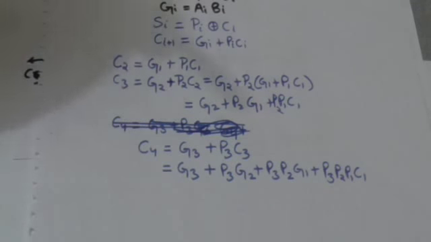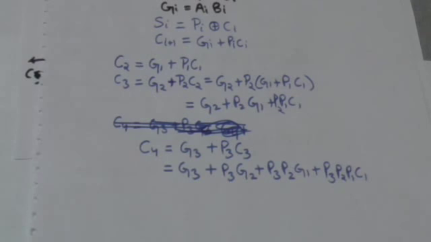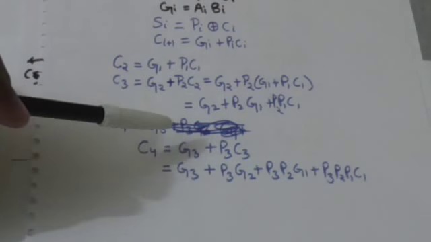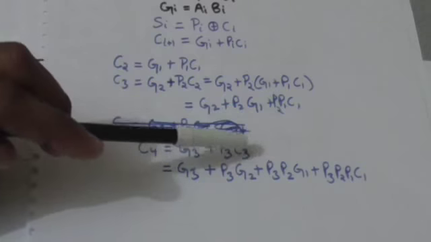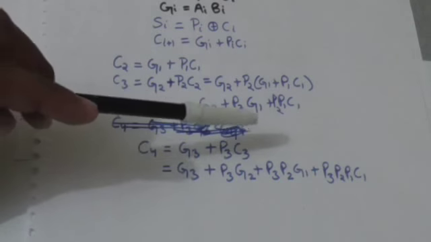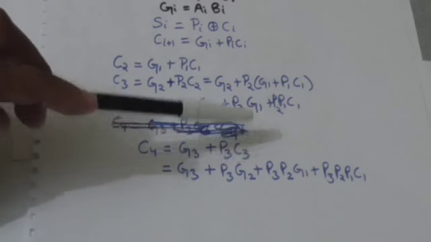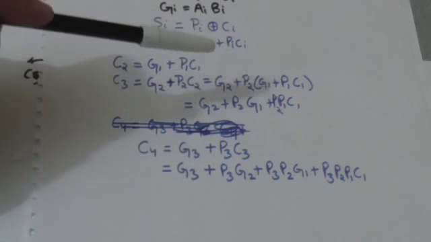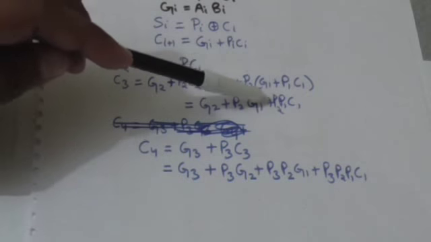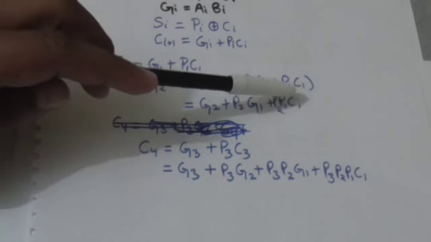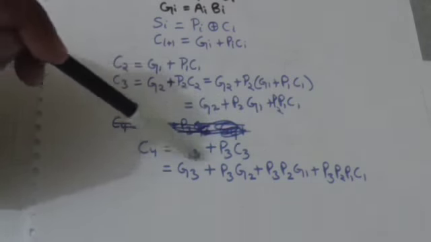Similarly, we can find the value of C4. Here C4 will be equal to G3 plus P3 C3. Now put the value of C3, that is G2 plus P2 G1 plus P2 P1 C1, in this expression.